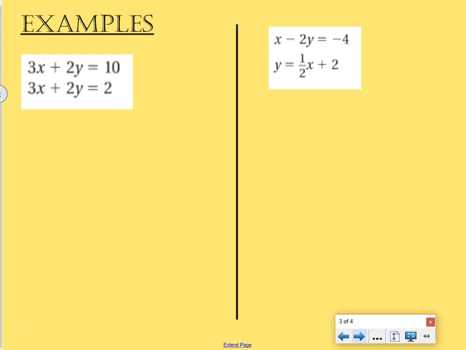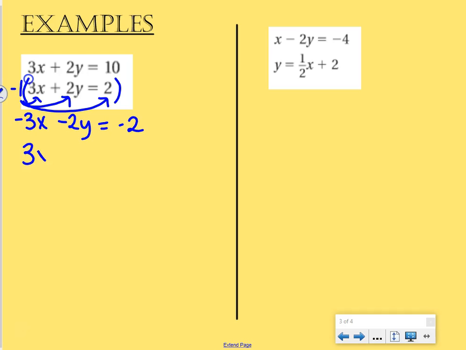Some examples for us. 3x plus 2y equals 10 and 3x plus 2y equals 2. Well, if we're going to solve this, we want to use elimination. So if we do elimination, we could multiply this bottom equation by -1. Negative 3x, then we get minus 2y equals -2.